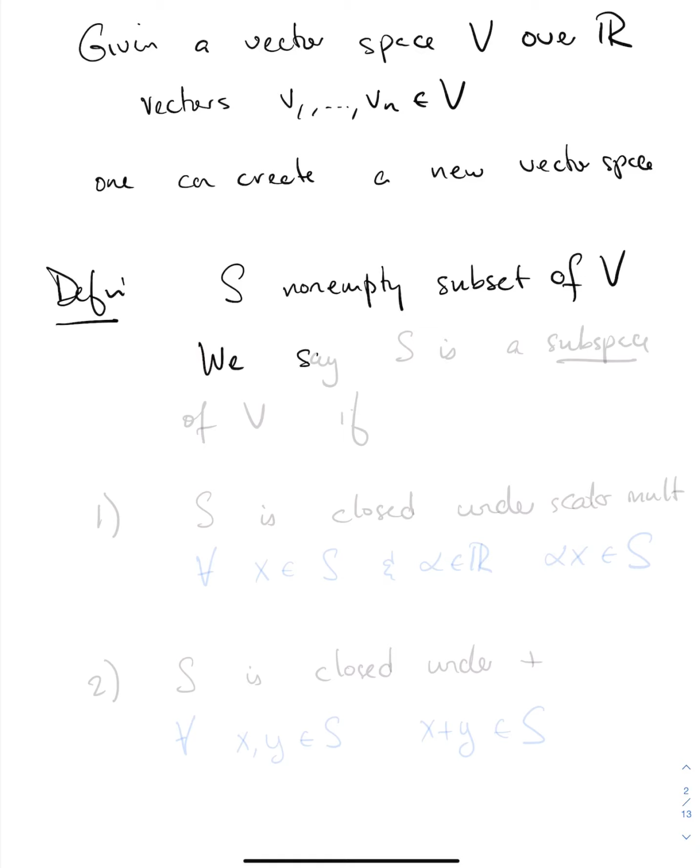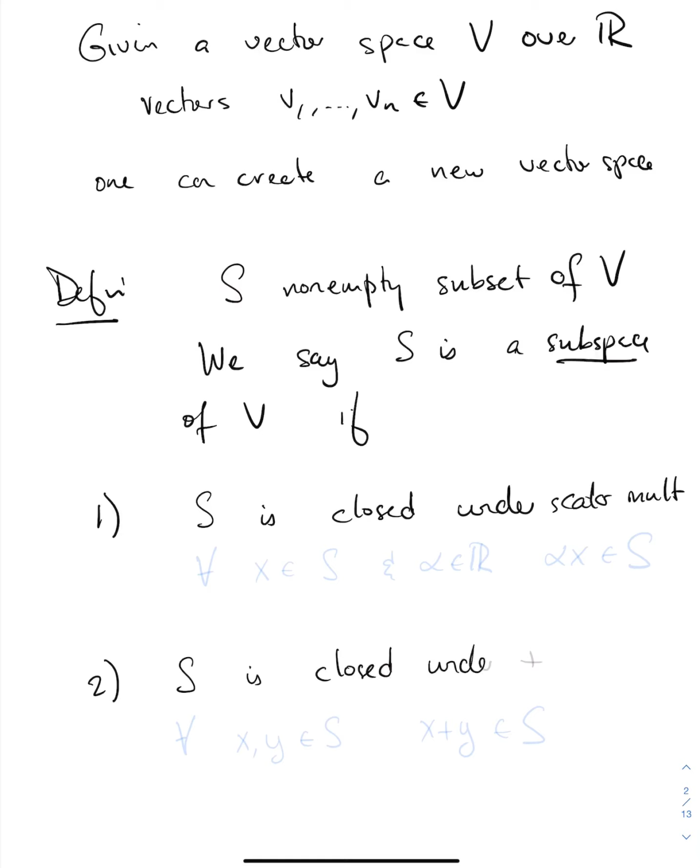We say S is a subspace of V if 1, S is closed under scalar multiplication as defined on the ambient vector space V, and 2, S is closed under plus, however plus was defined in the ambient vector space V.